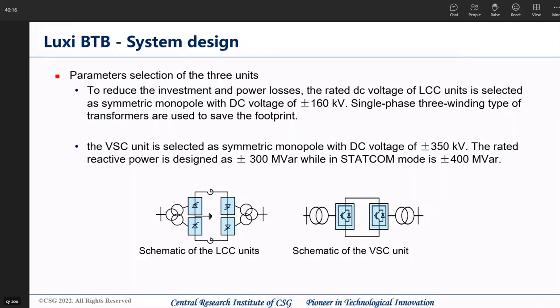This is much higher than LCC because the current capacity of the IGBT is much smaller than thyristors. The rated reactive power is designed at 300 megavar, while in STATCOM mode, the reactive power can be 400 megavar.